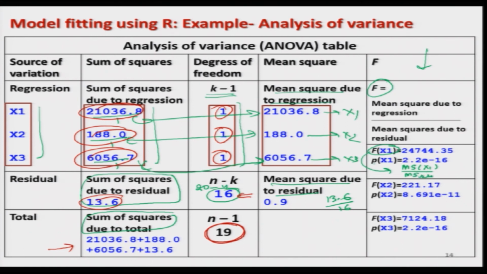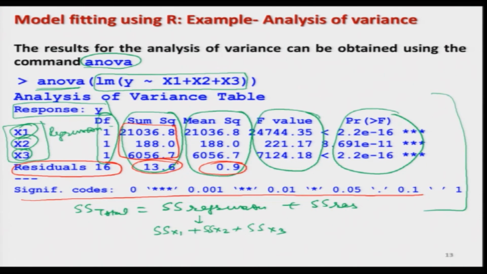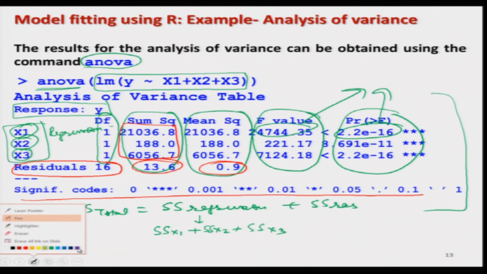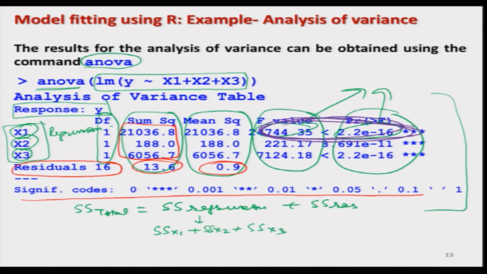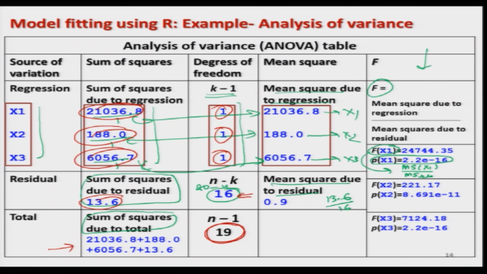And this is the corresponding p value, which has been obtained in the table. You can see this here and here. I will use a different pen so that you can see it. Yeah, these are the values which are indicated here, right.